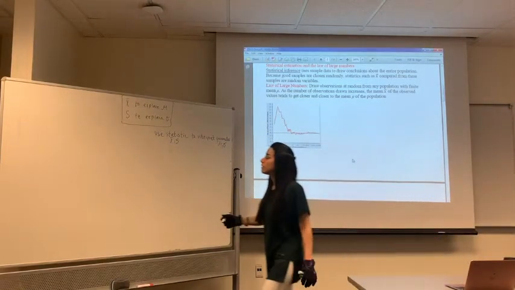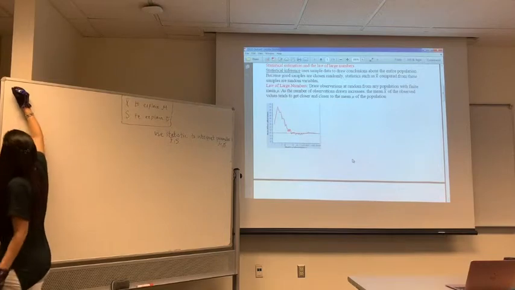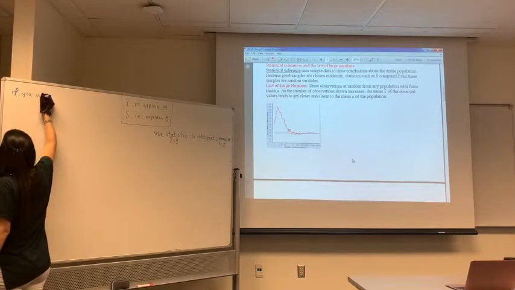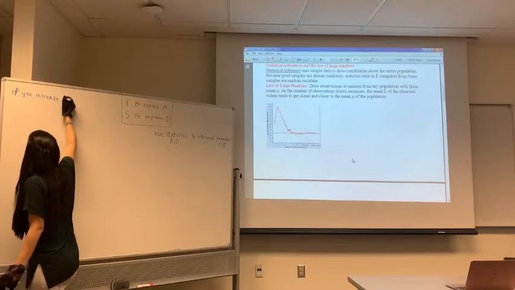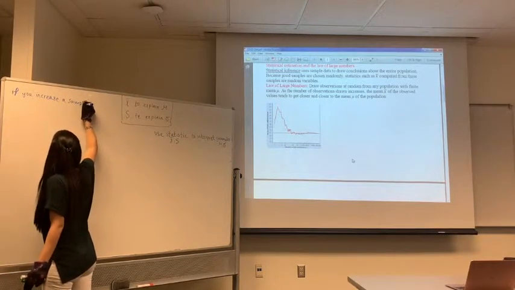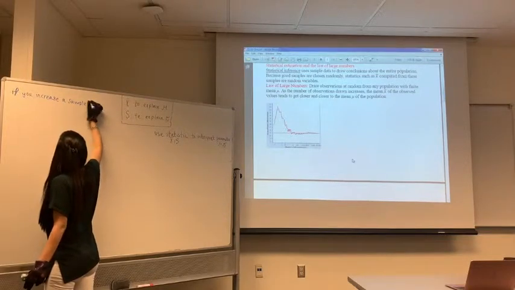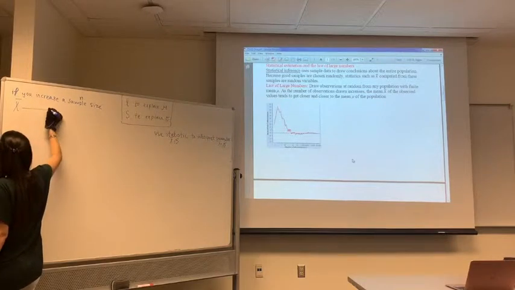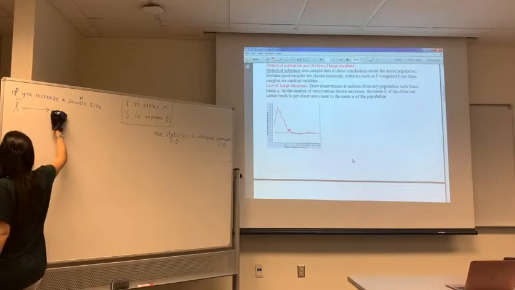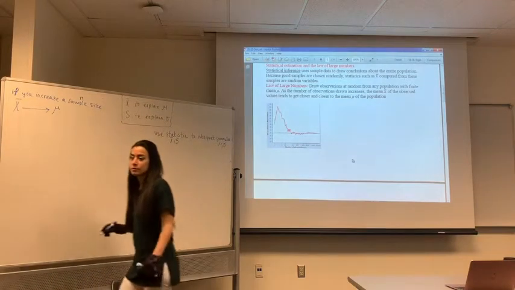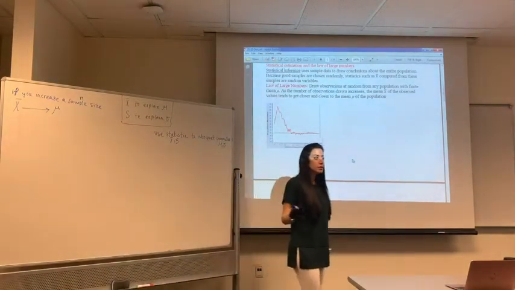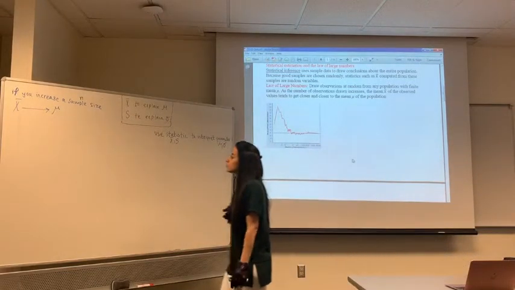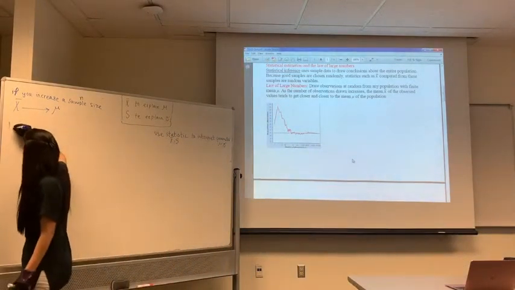So now we are talking about X bar. If you increase a sample size, you know sample size is n, right? X bar tends to get closer and closer to mu. X bar comes from the sample, mu comes from the population. So this is the law of large numbers.